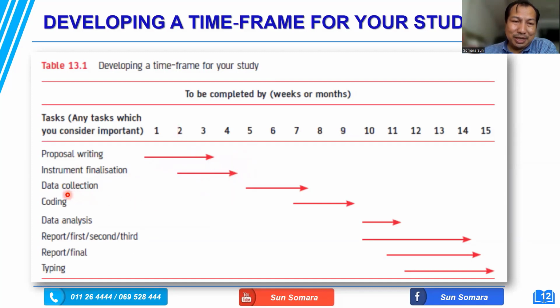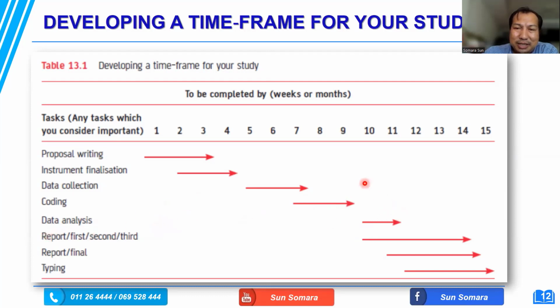Data collection from week 5 to week 7 or 8. Coding as the data is collected, you need to code the answers without identifying participant identity. If you interview, you may need longer time since there is a lot of work with interviews.